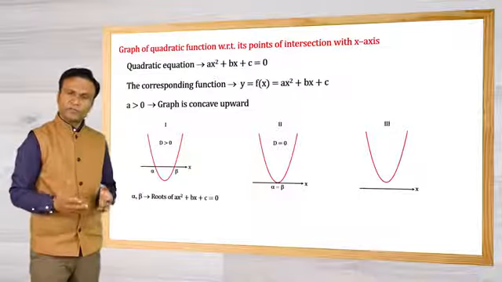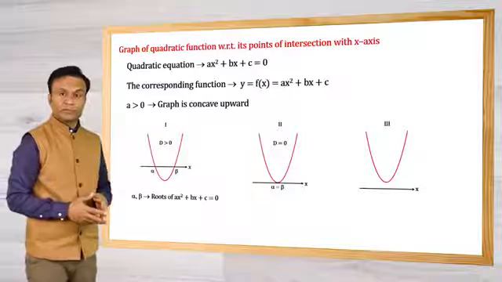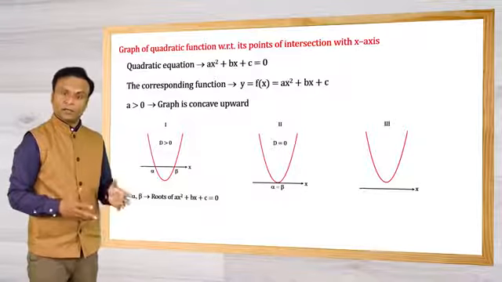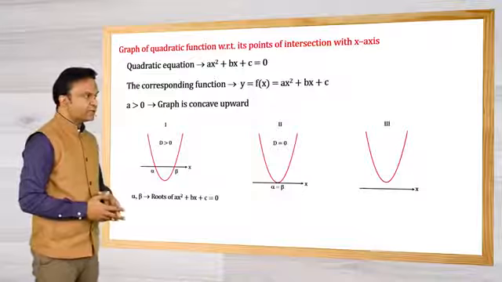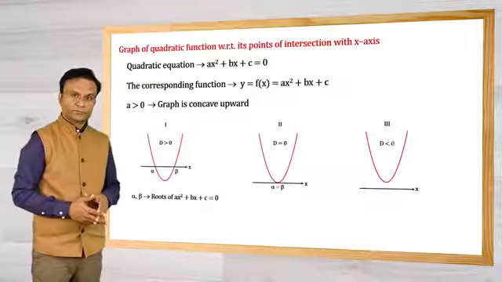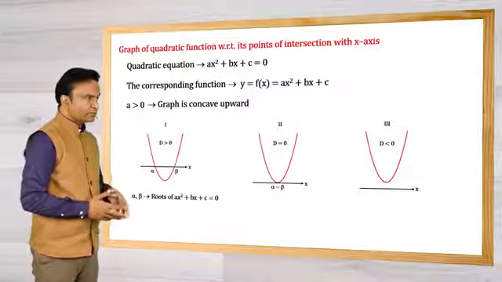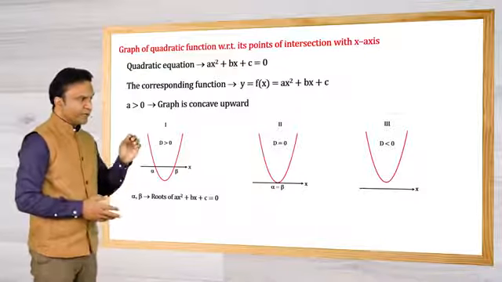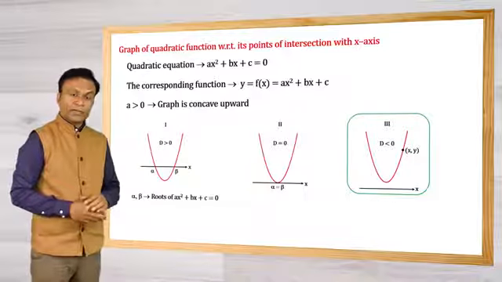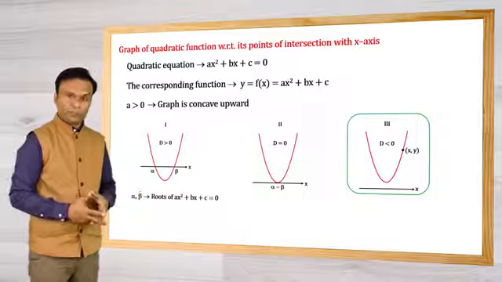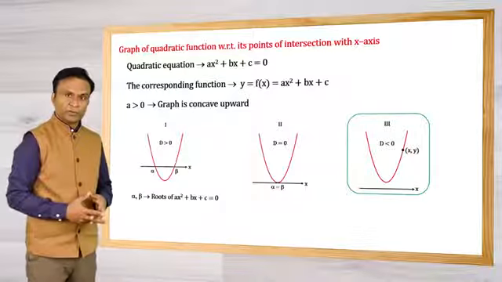That means roots of the quadratic equation ax² + bx + c = 0 are non-real. So in this case, D < 0. Now in this graph, if you take any point on the graph, the ordinate of that point is positive. That means y is always positive.